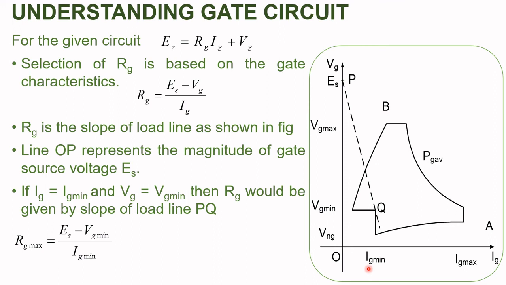Hence, for successful triggering of SCR, the value of gate current should be at least equal to Ig minimum, or higher than Ig minimum. Hence, the maximum gate resistance that can be included in the circuit is Rg maximum.